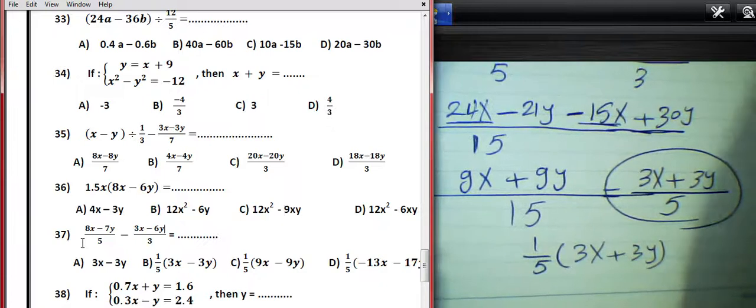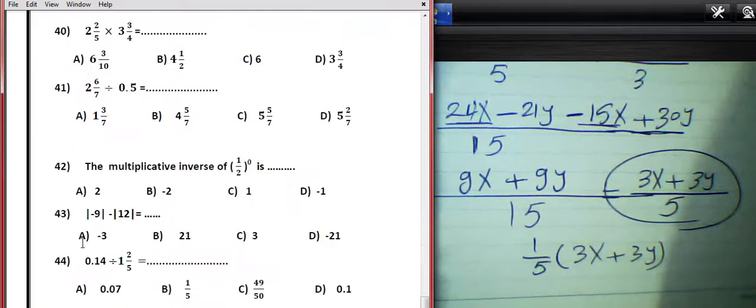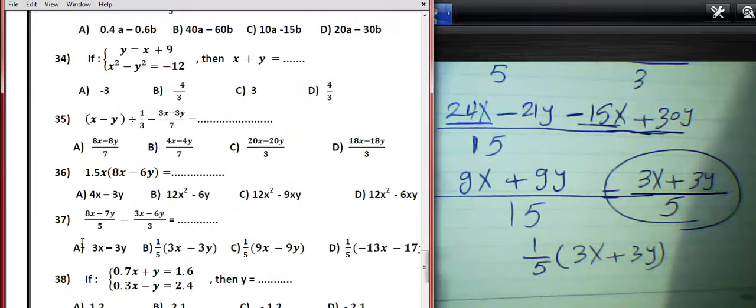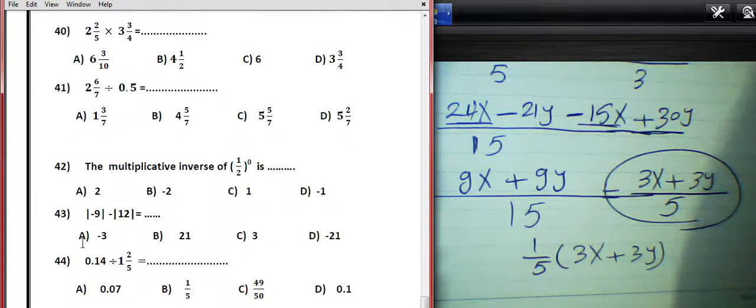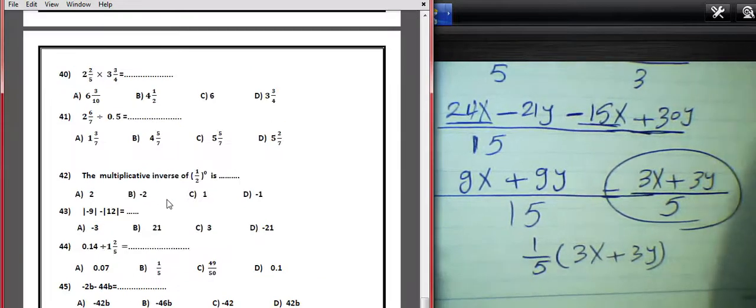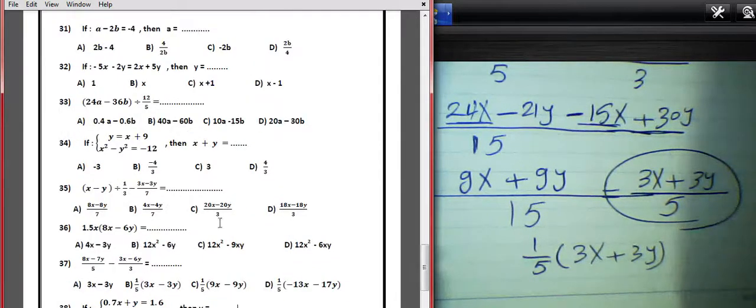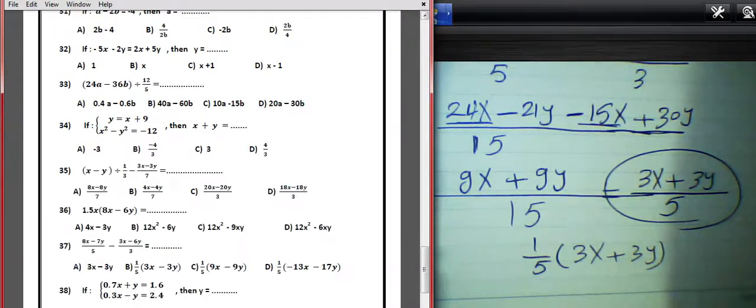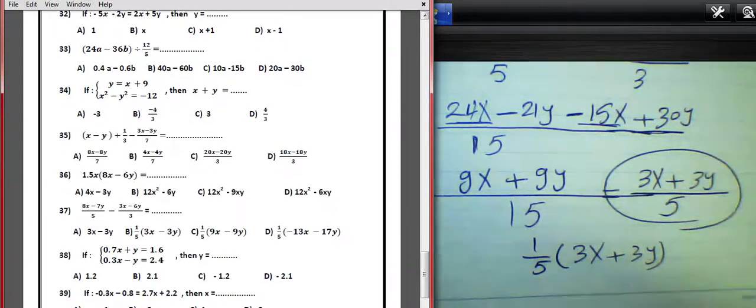Okay, and what about question 38? Question 38, look at 38. Yes, here. That is question 38. We can solve it with two equations.